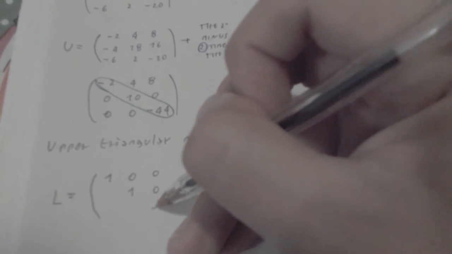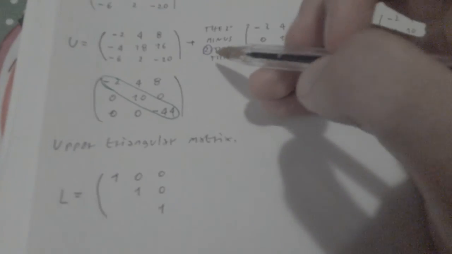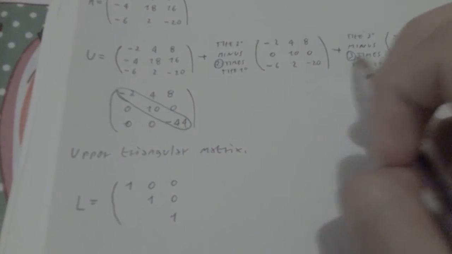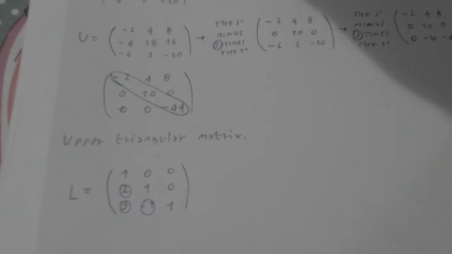So our lower triangular matrix is going to be given by the identity matrix. So 1, 0, 0, 1, 0, 1. And the lower part is going to be given by what? Well, our multiplicators. So 2, 3, and -1, respectively. As you can see, these are our multiplicators.